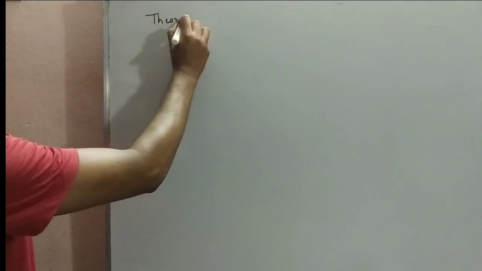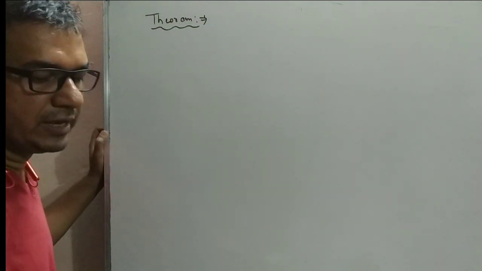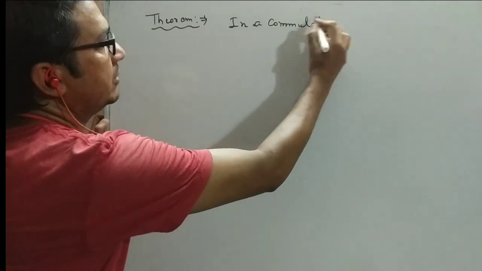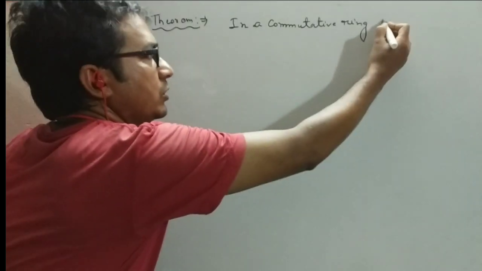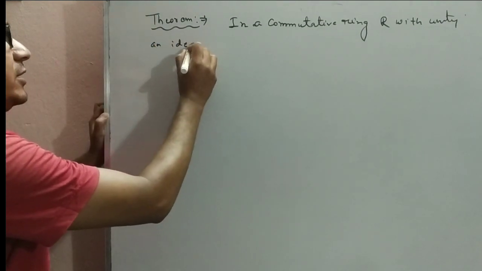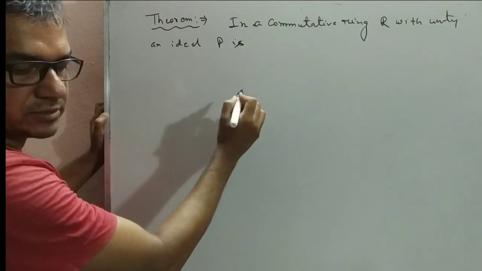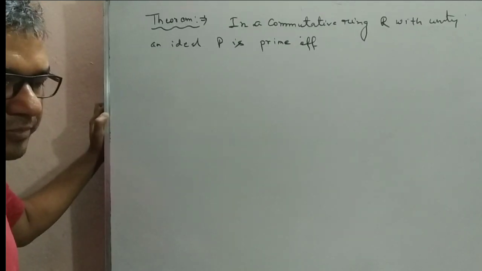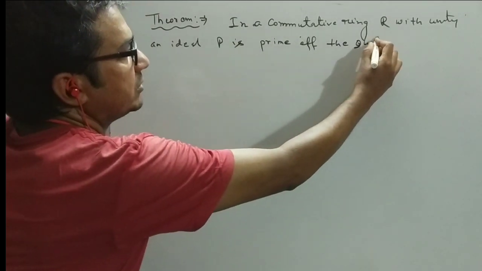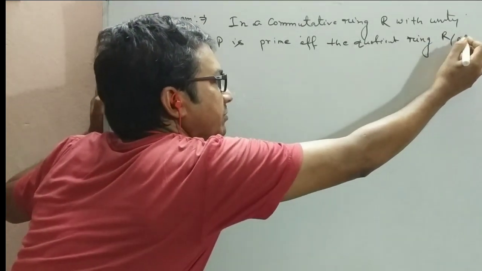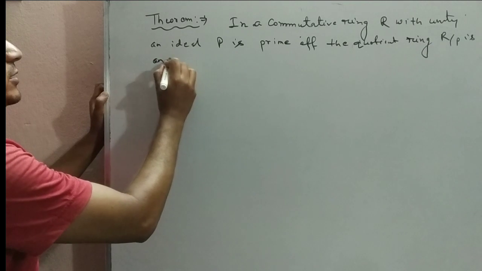The statement of this theorem is: in a commutative ring R with unity, an ideal P is prime if and only if the quotient ring R/P is an integral domain.